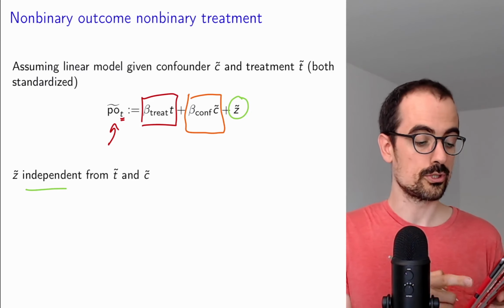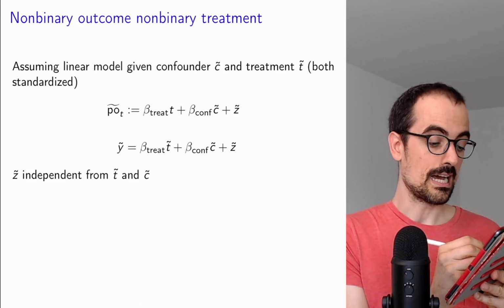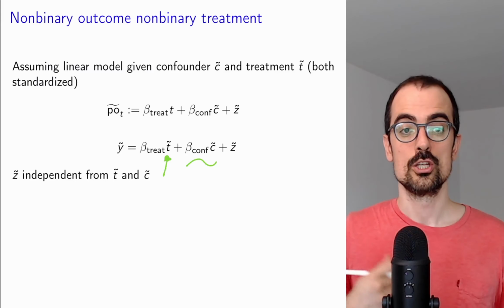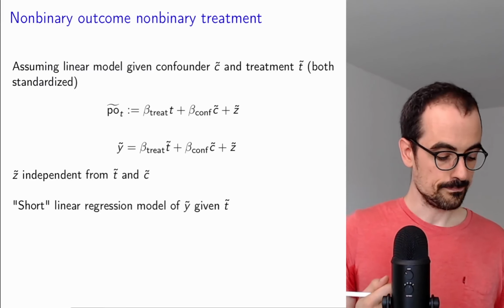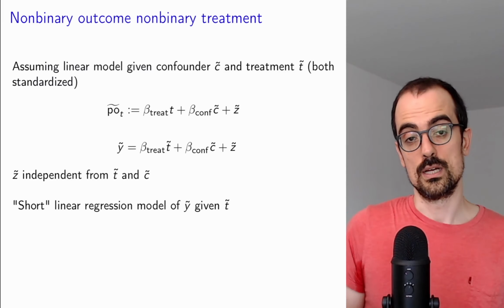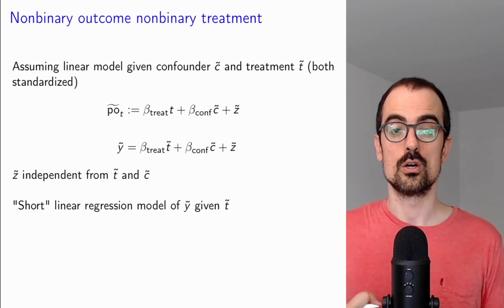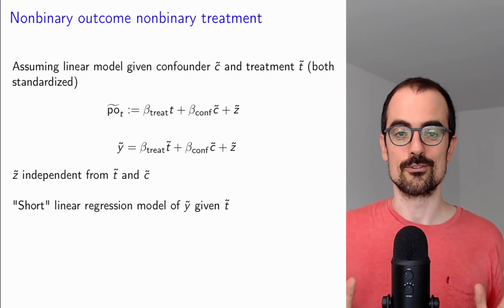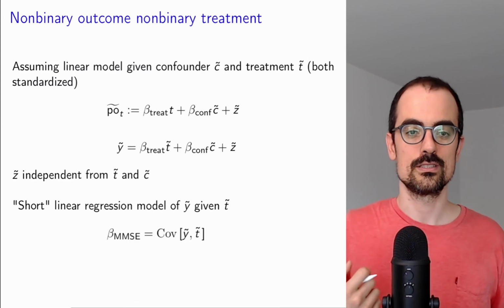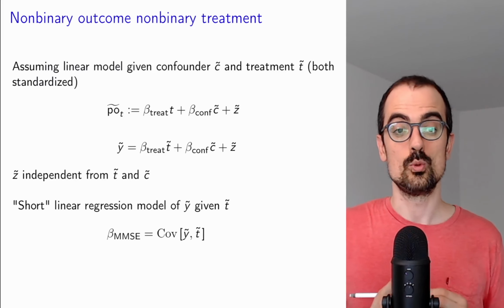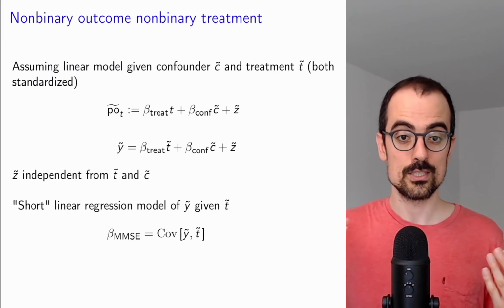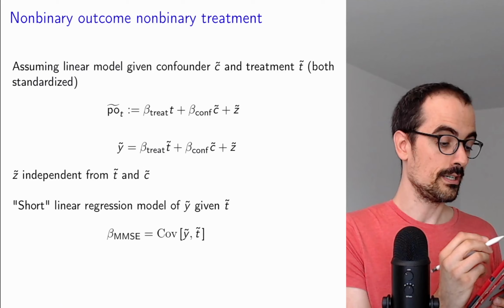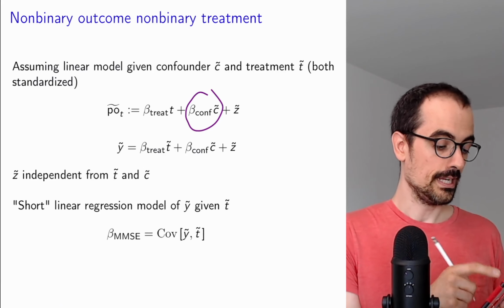When we look at the observed values, now they're going to depend on the observed treatment, but also on the confounder. So what happens when we compute a short linear regression model of the outcome given the treatment? We will see in a moment why we call this a short linear regression model. Then the coefficient, if everything is standardized, is equal to the covariance between the outcome and the treatment, and that covariance is also going to capture the effect of the confounder in the following way.